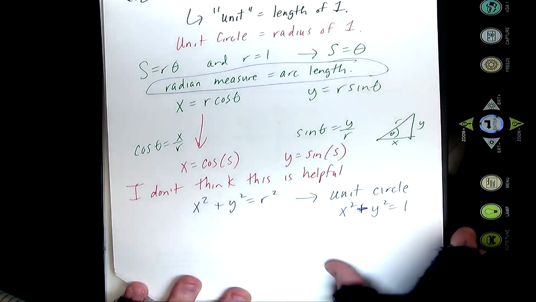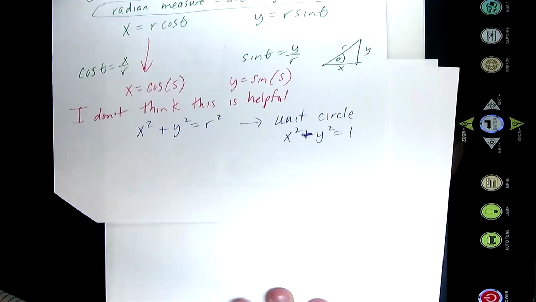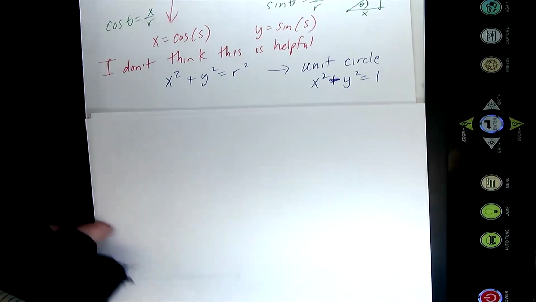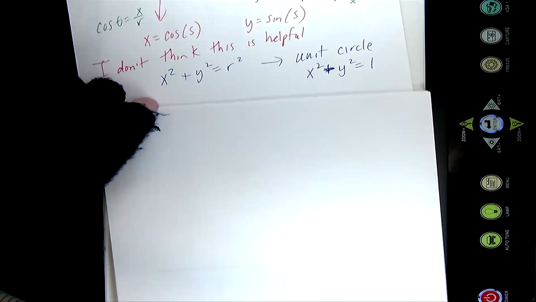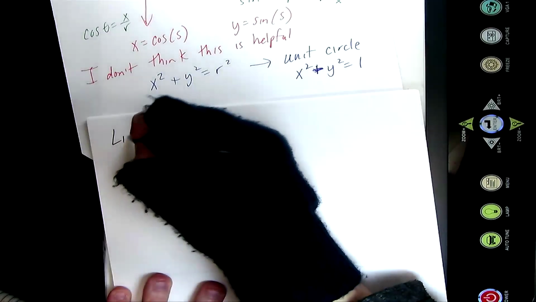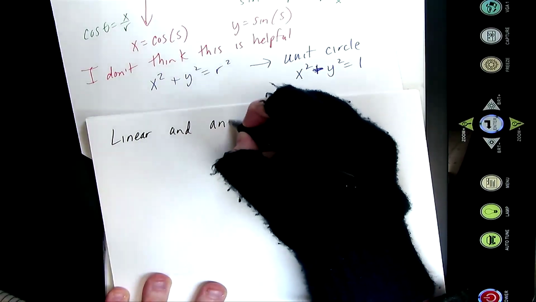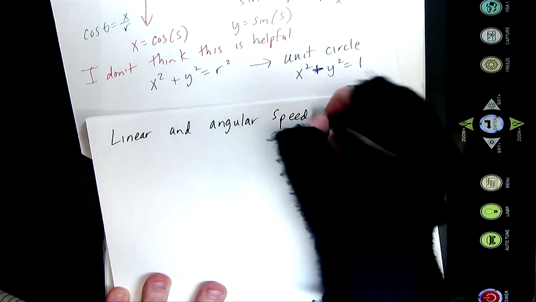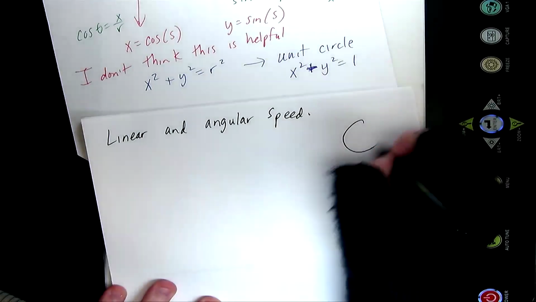Let's go back, what really pops up in this chapter though is speed, linear and angular speed. Draw that 10-speed bike again.